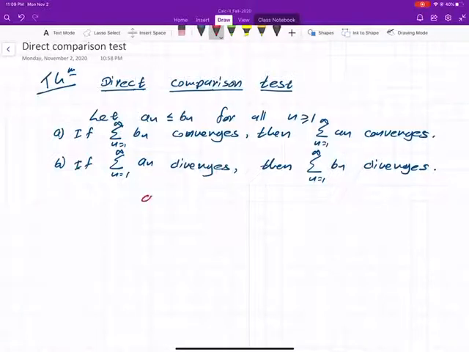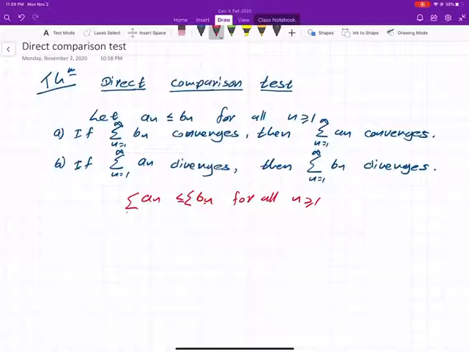Here you have an, and then here you have bn. Bn is greater than or equal to an. All right, this happens always. That means for all n greater than or equal to 1. So then what you do, you just get summation of both sides.